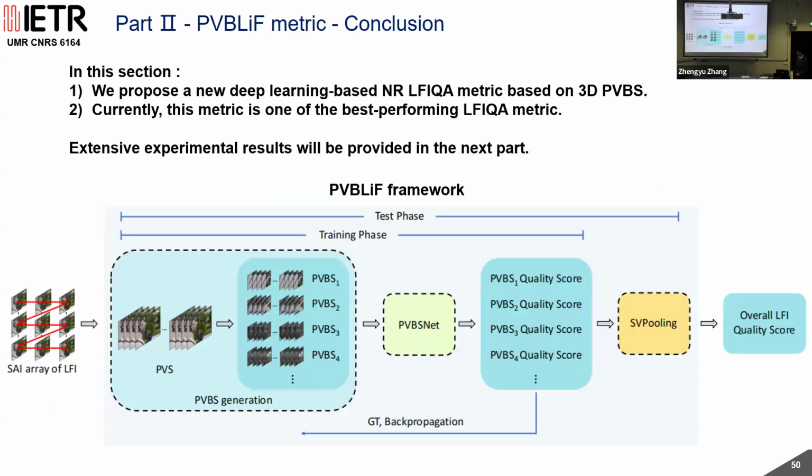And in conclusion, in this session, we propose a new deep learning-based no reference metric based on the 3D PVBS. And currently, this metric is one of the best performing metrics to predict the light field image quality. And experimental results will be provided in the next part.